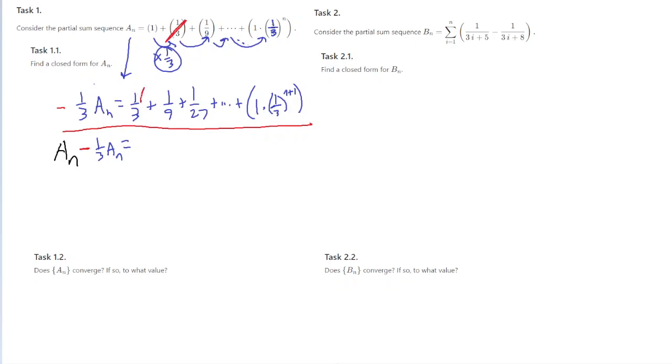This 1/3 will cancel with this 1/3, this 1/9 cancels with this 1/9. The next thing here would be a 27th, which would cancel with this, and everything on top is going to get canceled because the thing that came before this would be 1 times 1/3 to the n. So that gets canceled here. All that remains is this initial number 1 minus this 1 times 1/3 to the n plus 1.